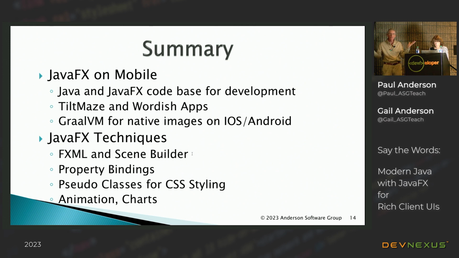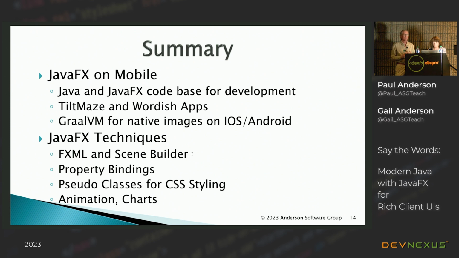And you're all in Java, and you've got JavaFX, and you've got these neat tools that help you do all that. So one code base that we can use for both platforms. We showed you our Tilt Maze and Wordish apps as our demos, and we emphasized that GraalVM played a big part in this because it was creating the native images for us for the iOS and Android targets.